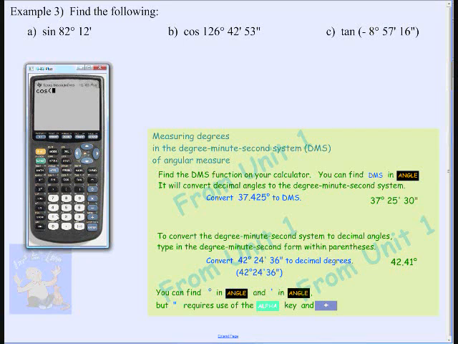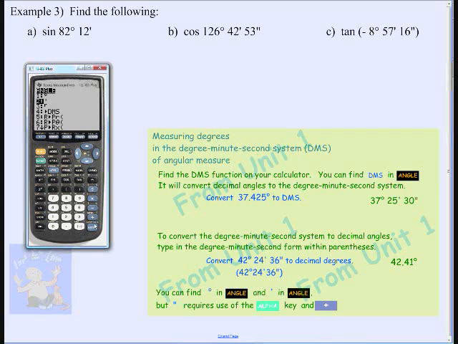Cosine, we're in degrees now, so 1, 2, 6, second, apps, and I have the sign I need there for degrees, and 42 minutes, which is also found in angle.